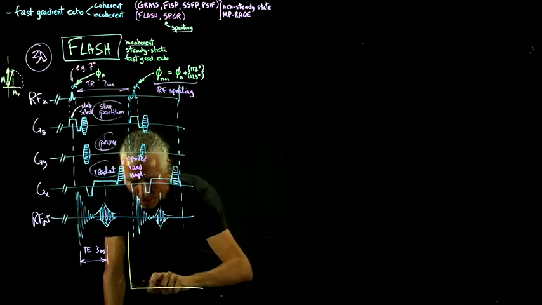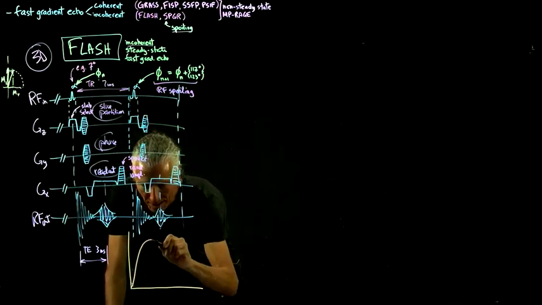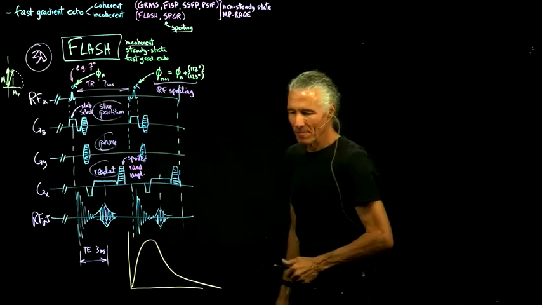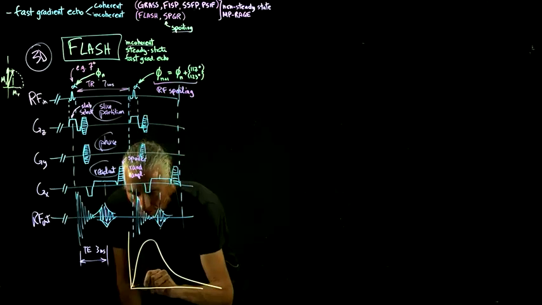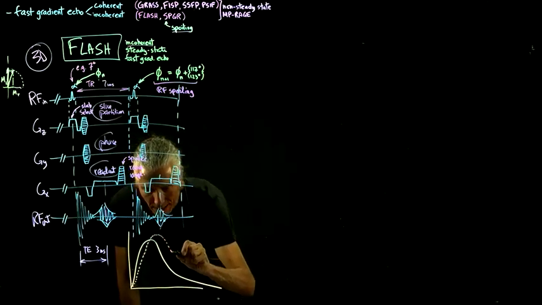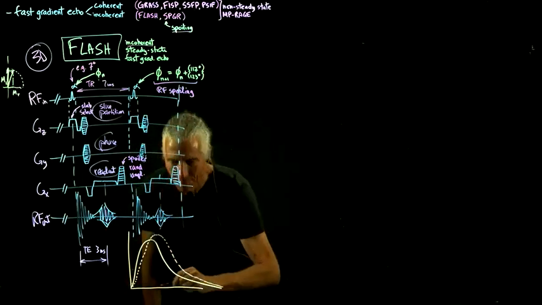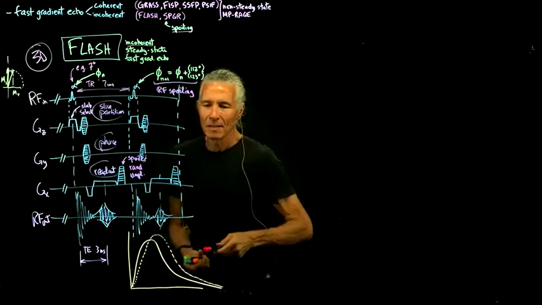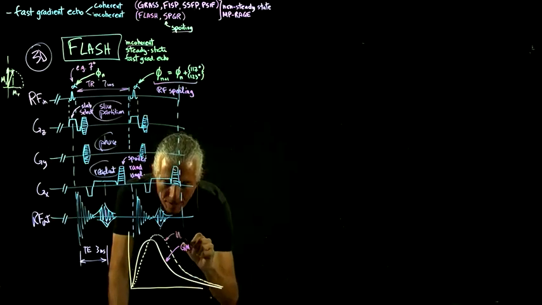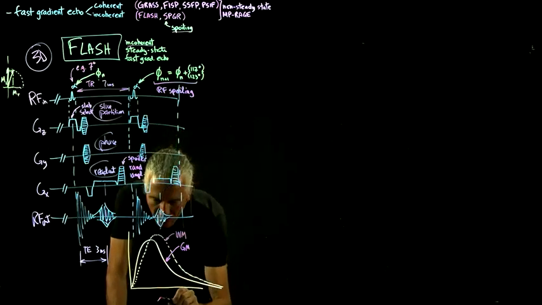If you plug values into that equation, it looks something like that. So maybe that's the gray matter. And then if you look at the white matter, you get something that looks like that. So this is gray matter, white matter, and what's down here is the flip angle.